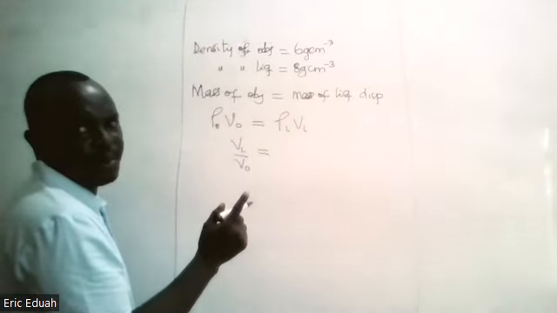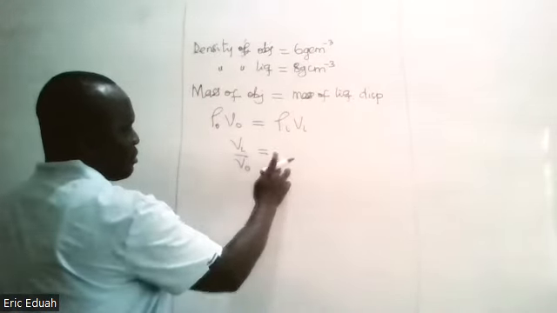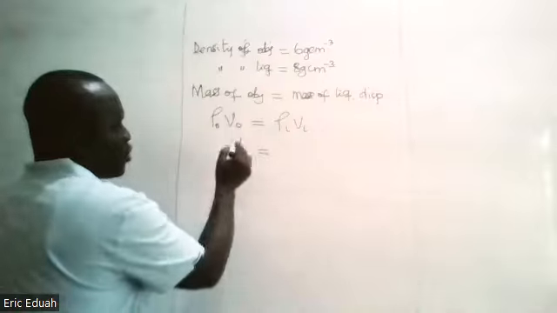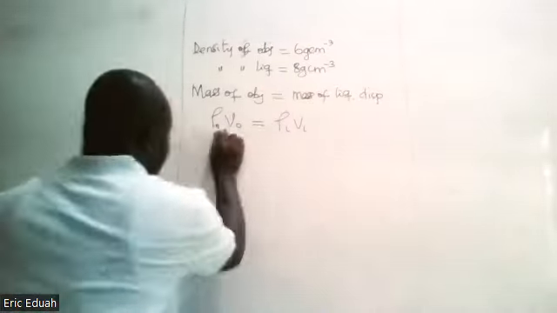Density of liquid divided by density of object.